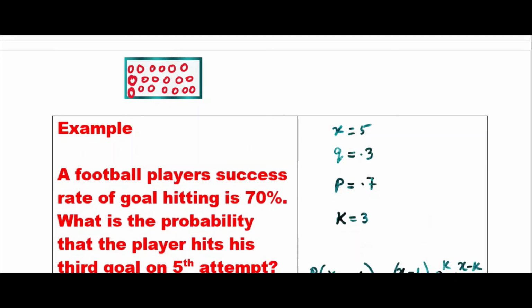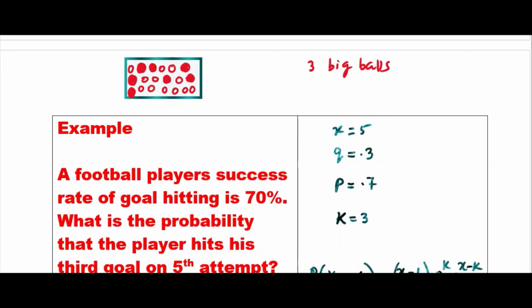Suppose your teacher told you to bring 3 big balls. These are the bigger ones, mixed with the others. You are not interested in 1, you are interested in 3.